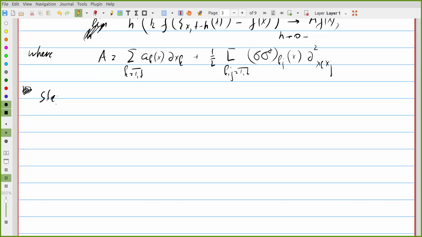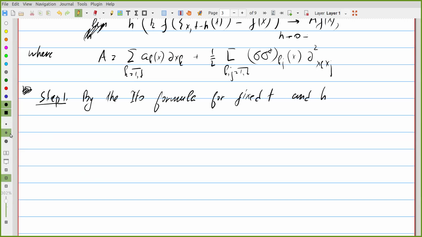So step one is going to be by the Ito formula, for fixed t and h. Such an expression, I will denote it. This is exactly the expression we consider in the definition.